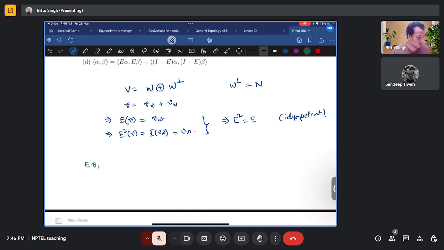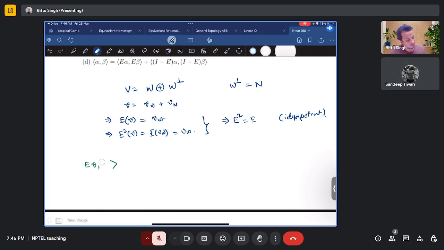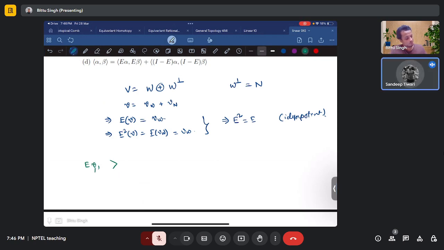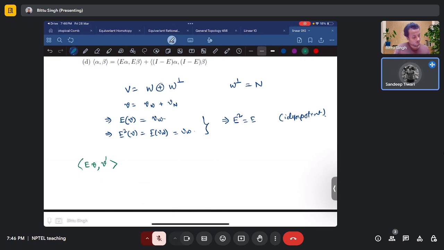Let me start with the inner product of EV with V dash, using V and V dash as the two vectors. We need to prove that this is equal to the inner product of V with EV dash.